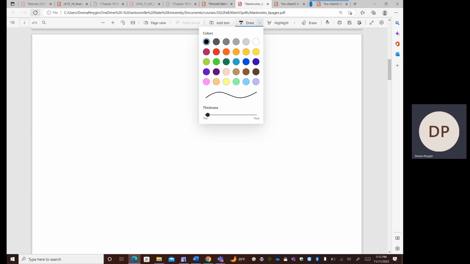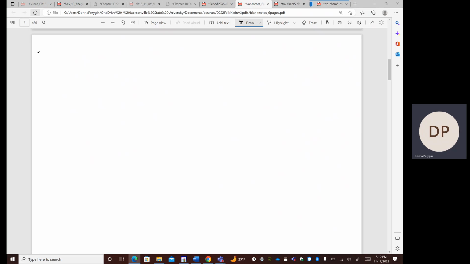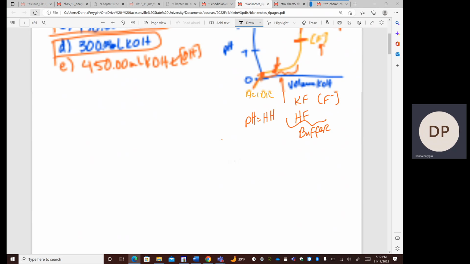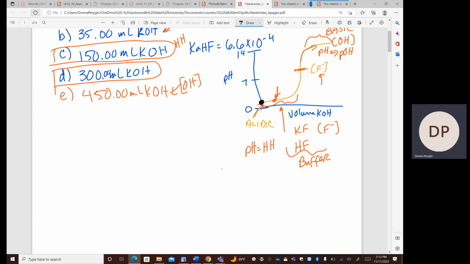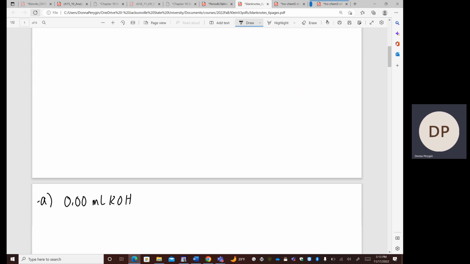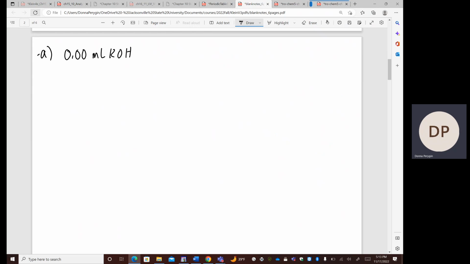So this is going to be a very in-depth study of a titration problem. All right, so let's first look at A, when we have 0 milliliters of KOH. In this region, this is the initial region of our graph right here. Before we add any KOH, the pH is controlled by the dissociation of HF.